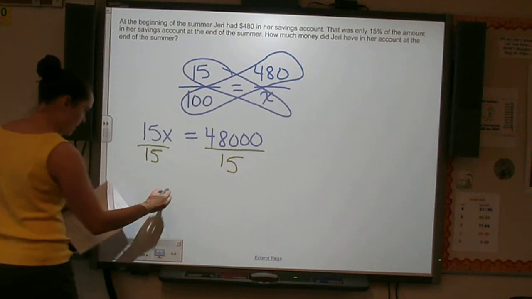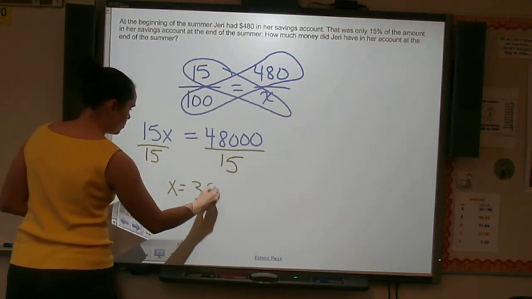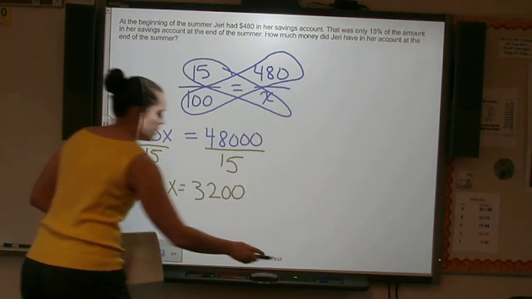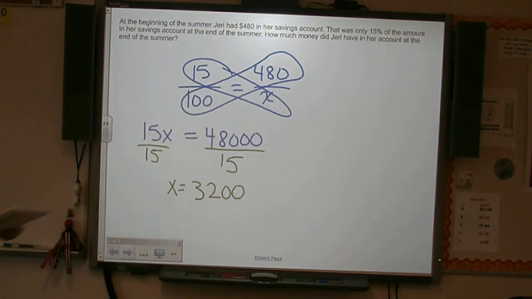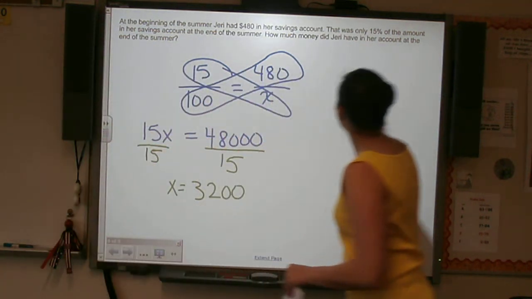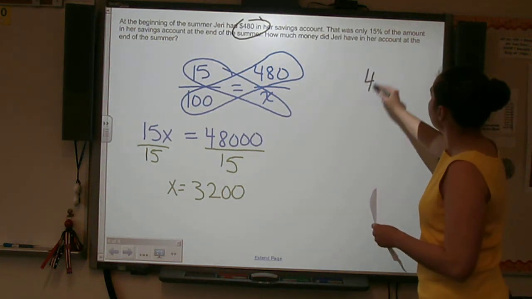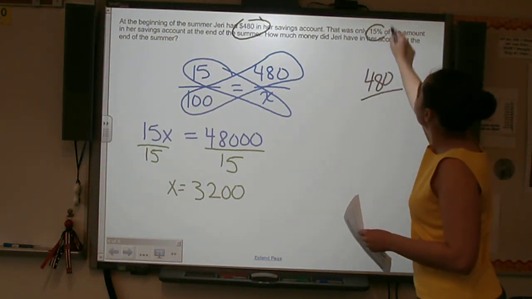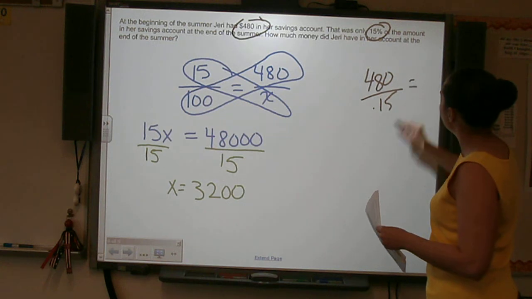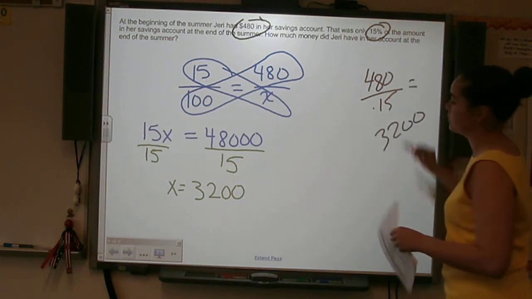And that is going to give us x is equal to 3,200. Okay. So we have 3,200 is how much she had at the end of the summer. Now method A, the shortcut method, we would take our 480 divided by the percentage, 0.15, and that's going to give us our 3,200 as well.